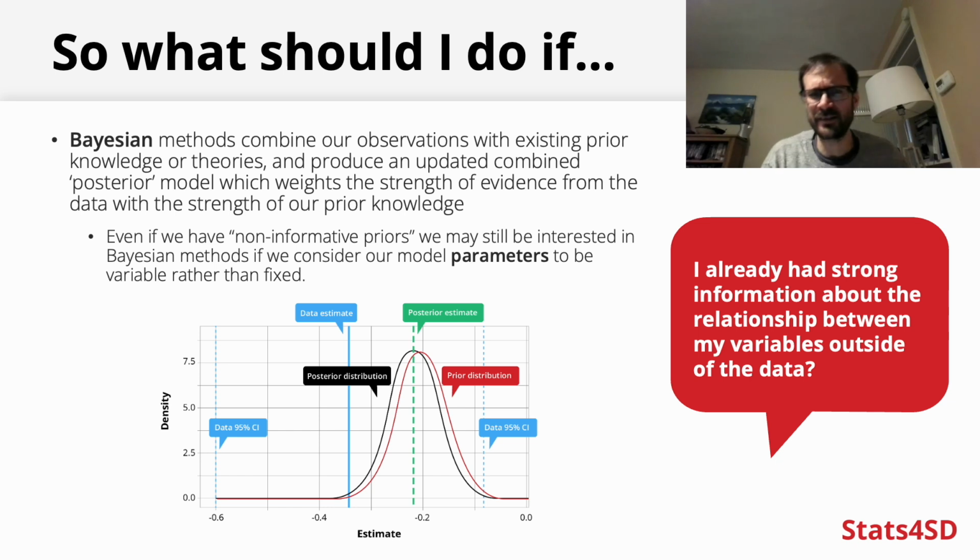And we can set that level of knowledge and that level of evidence that we have prior to our data in different ways. We can have what we call strong priors, where we think we have very good knowledge already about what it is that that relationship should look like, and our data would need to have very strong evidence to be able to challenge those priors and to get us to update our underlying working theory for that model.